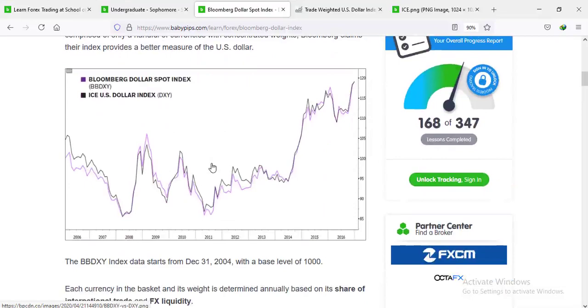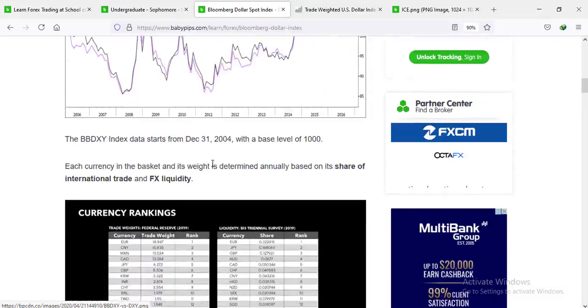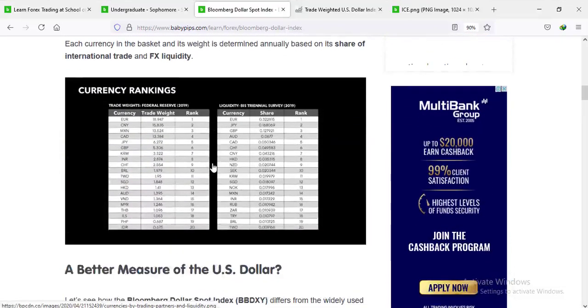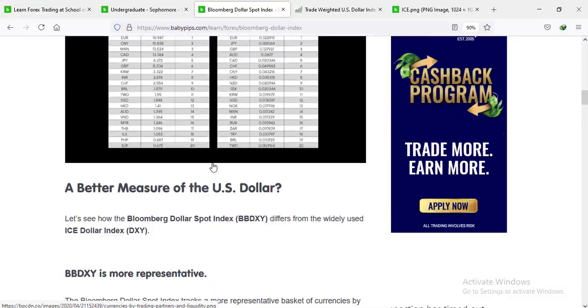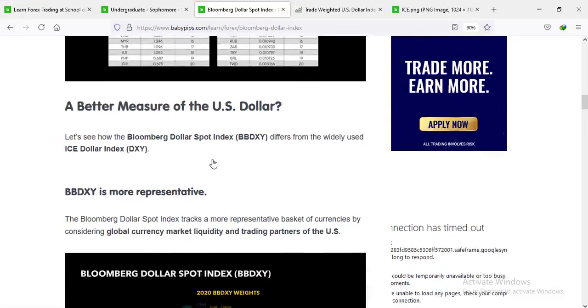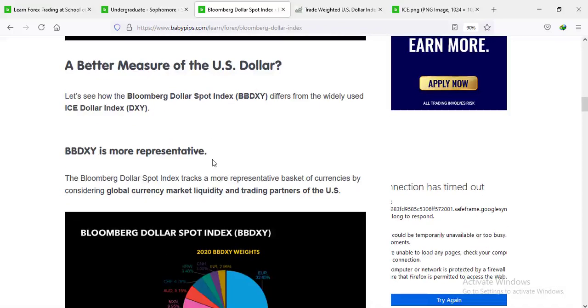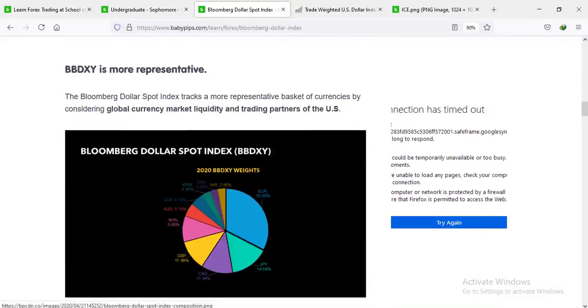Bloomberg boasts that they have the current DXY index, and every year is when they compute it. Here are the rankings of the current countries which they have computed to come up with their own figures, which they say is more accurate compared to that of the ICE.